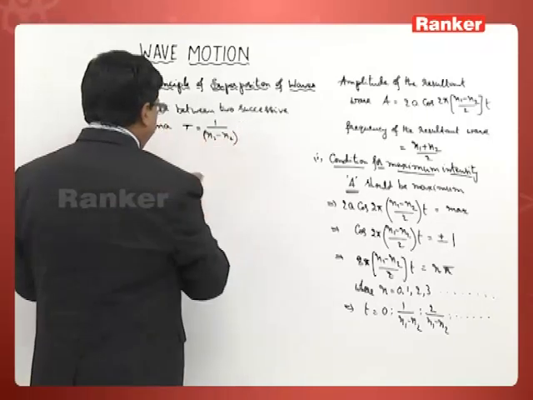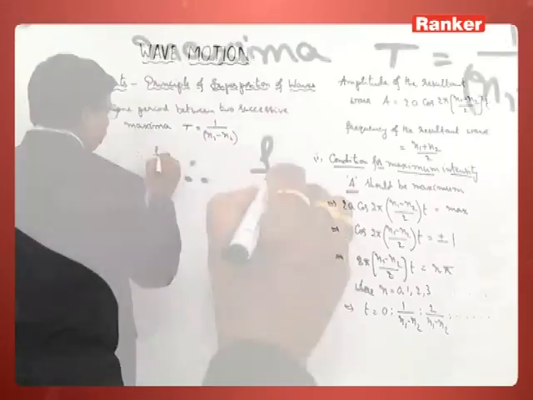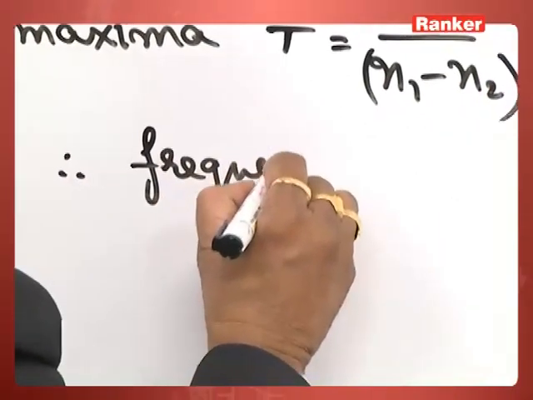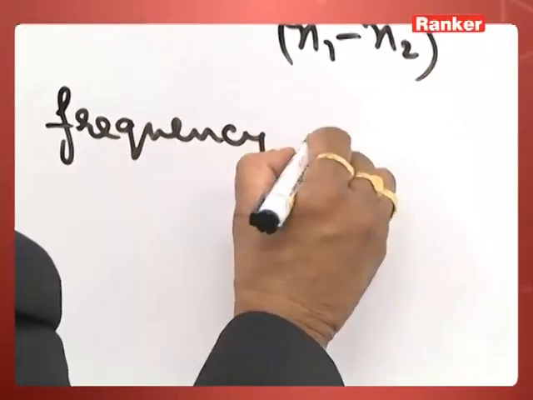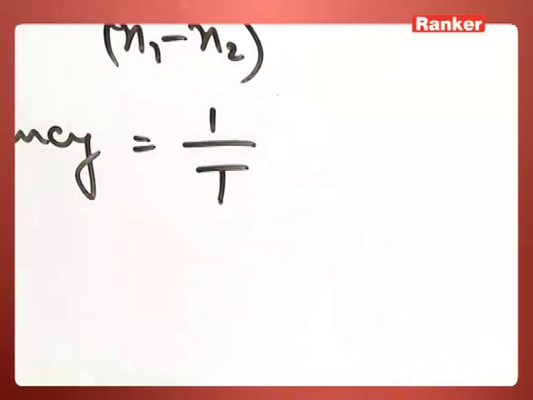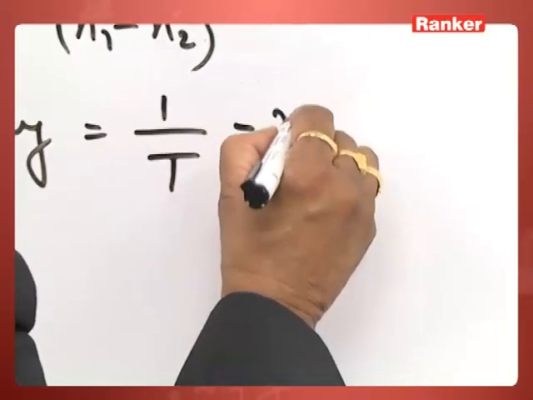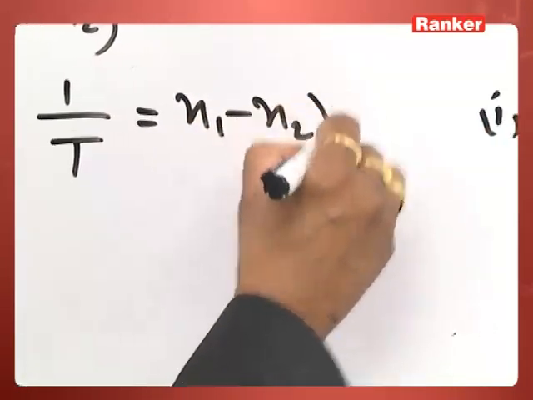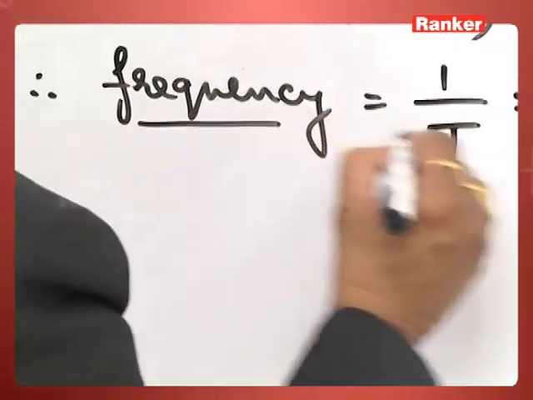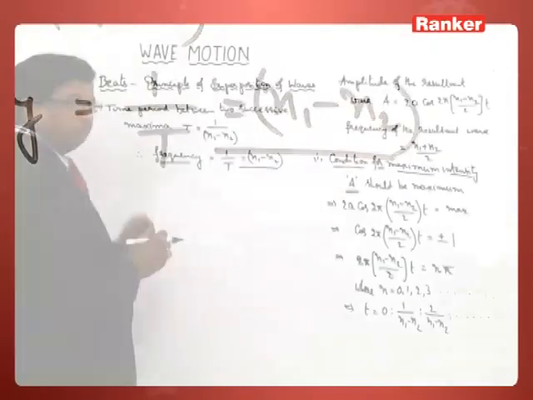When this is the time period, therefore, what will the frequency be? Frequency is the reciprocal of time period. So, we can directly understand n1 minus n2 must now be the frequency value there.